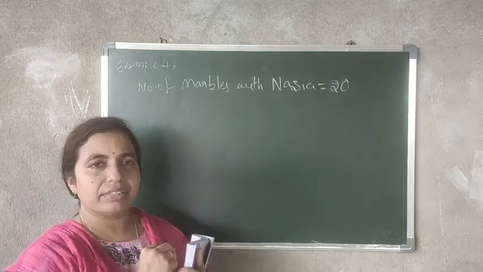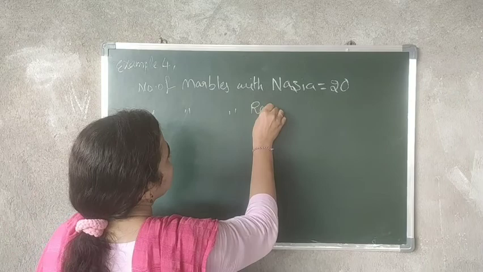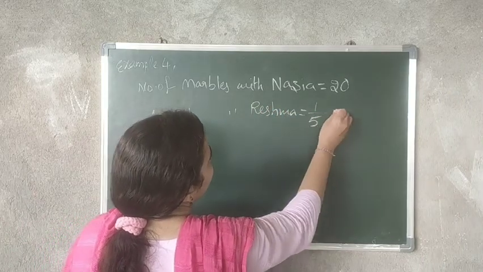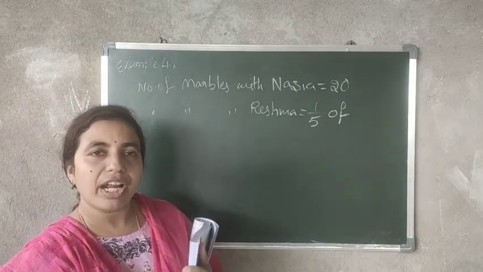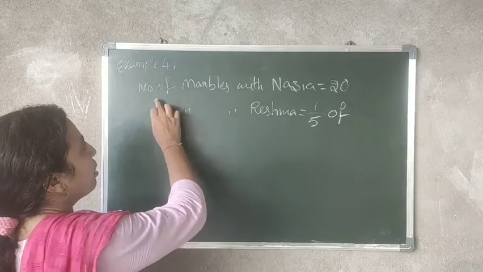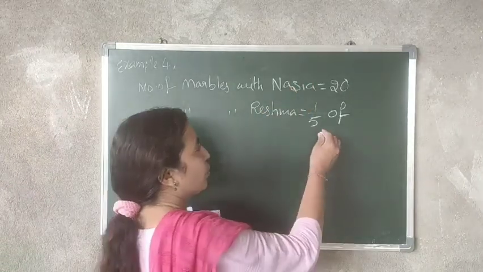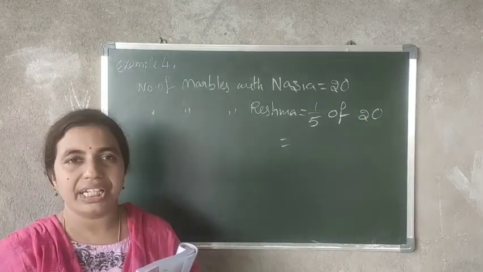So how will you write this one? Number of marbles with Reshma is equal to 1 by 5 of number of marbles with Nazia. But number of marbles with Nazia is how much? 20. So how will you write this one? 1 by 5 of 20.